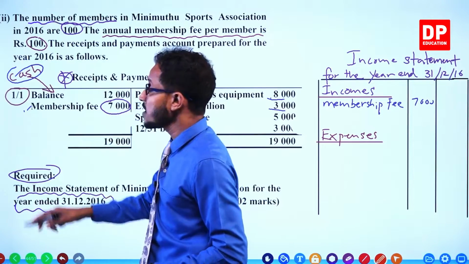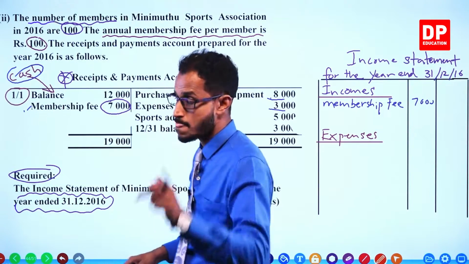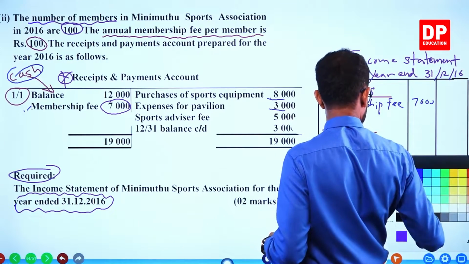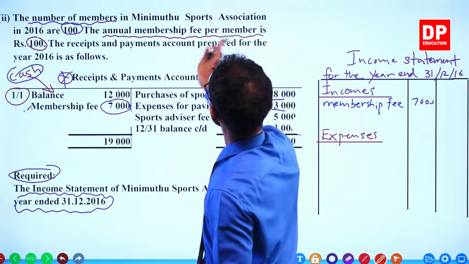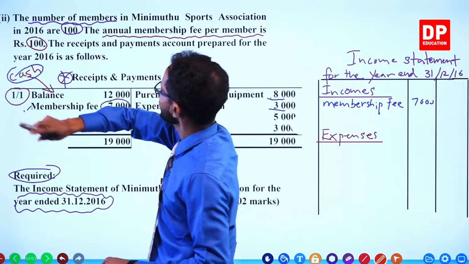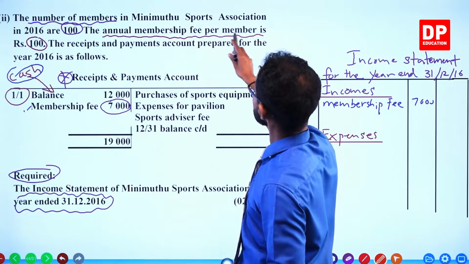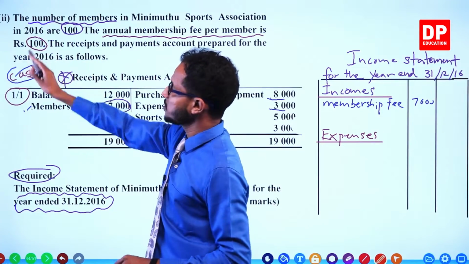You should calculate the relevant amount, the full amount for the period. How much is the full amount? 100 members into 100 rupees. Annual membership fee is 100 rupees. 100 into 100. How much?